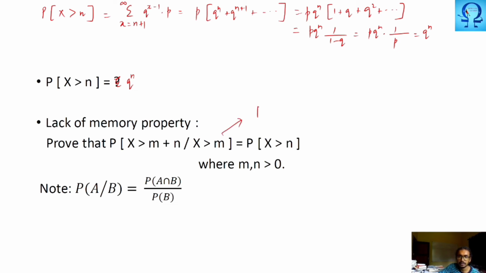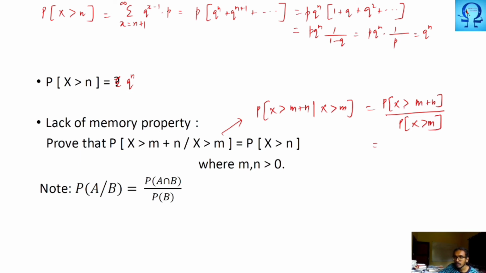Here things are independent, so it is probability of x greater than m plus n divided by probability of x greater than m. Since these two are independent, we get like this. So x greater than m plus n means what? q to the power m plus n divided by q to the power m. So it just cancelled and we get q to the power n, which is probability of x greater than n.